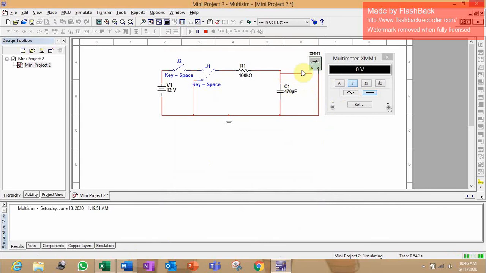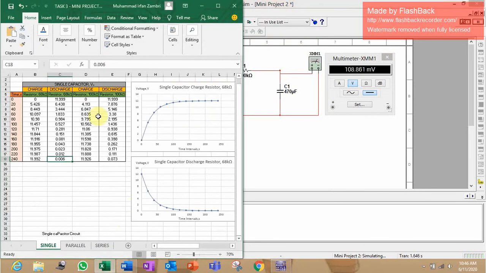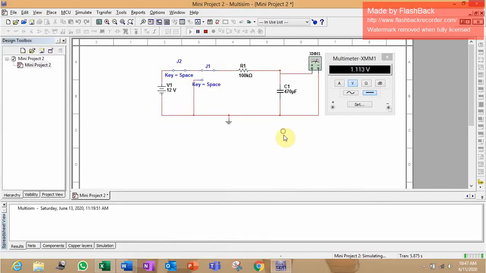The initial voltage is 0 volt, and connect it for the charging. After 20 seconds, the voltage across the capacitor is 4.113 volt, and after 240 seconds, the voltage is 11.926 volt. For the discharge, just flip the switch and connect it to the ground, and the voltage starts to drop across the capacitor.